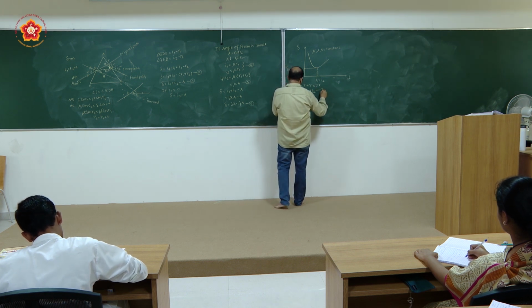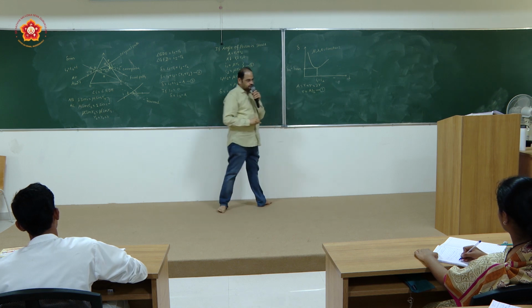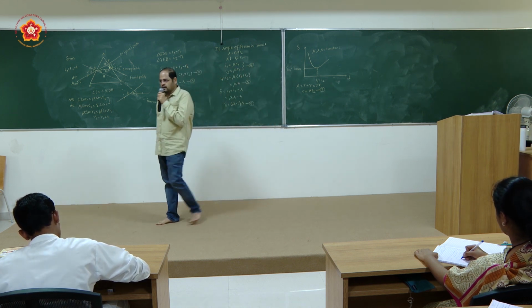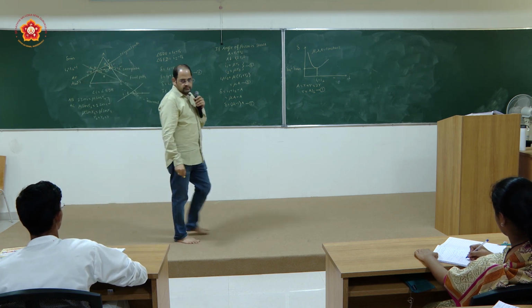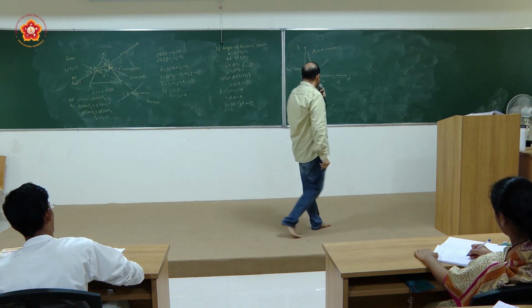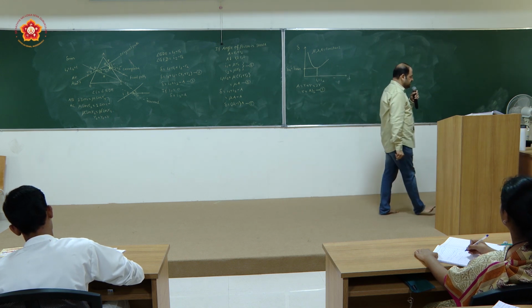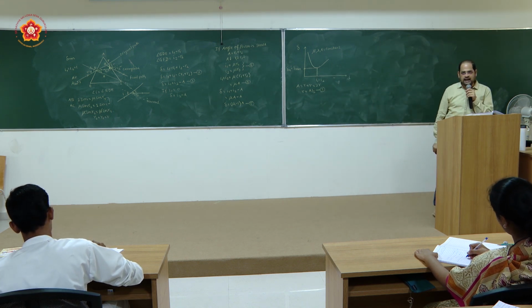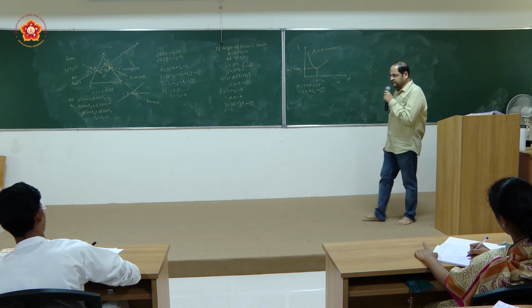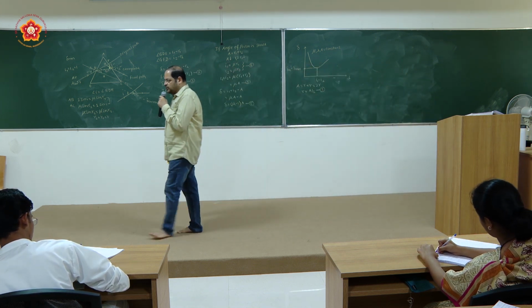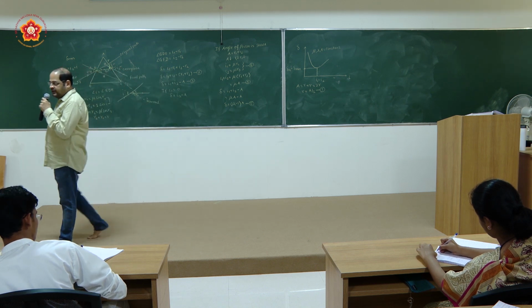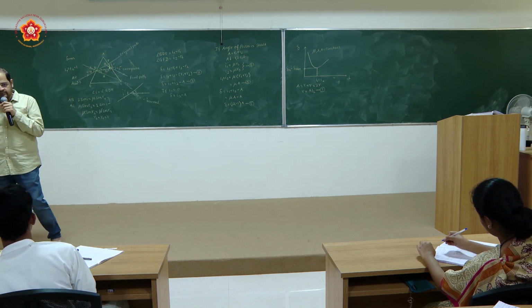Can I write down like this? We are looking at angle of minimum deviation. Angle of minimum deviation will happen when angle of incidence and angle of emergence will be equal. So under that situation, can I put it down that angle of prism would be equal to R plus R?